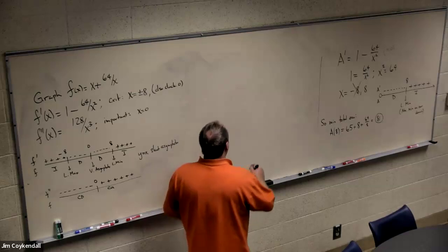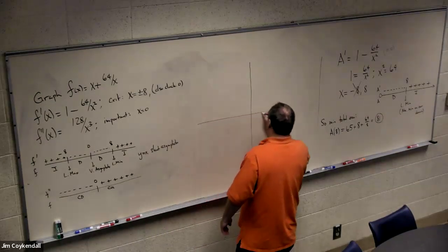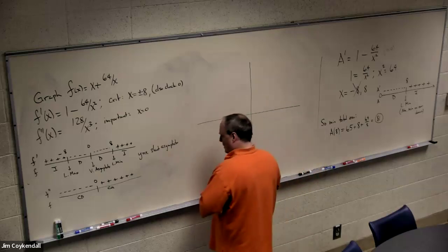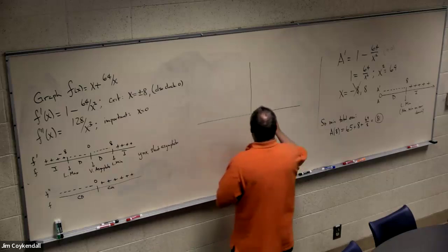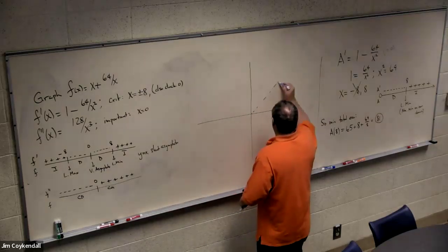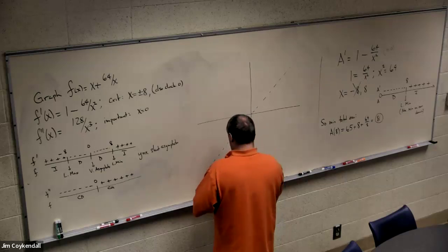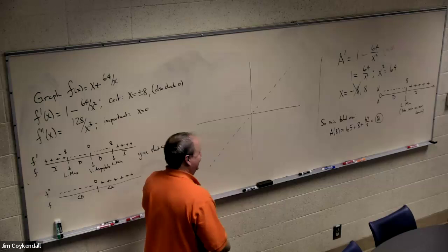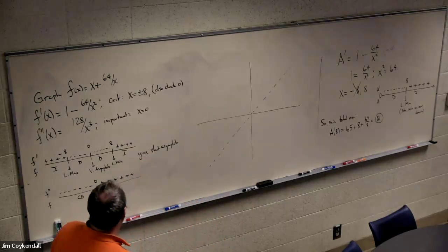So let's try to graph this. The line y equals x is a slant asymptote.